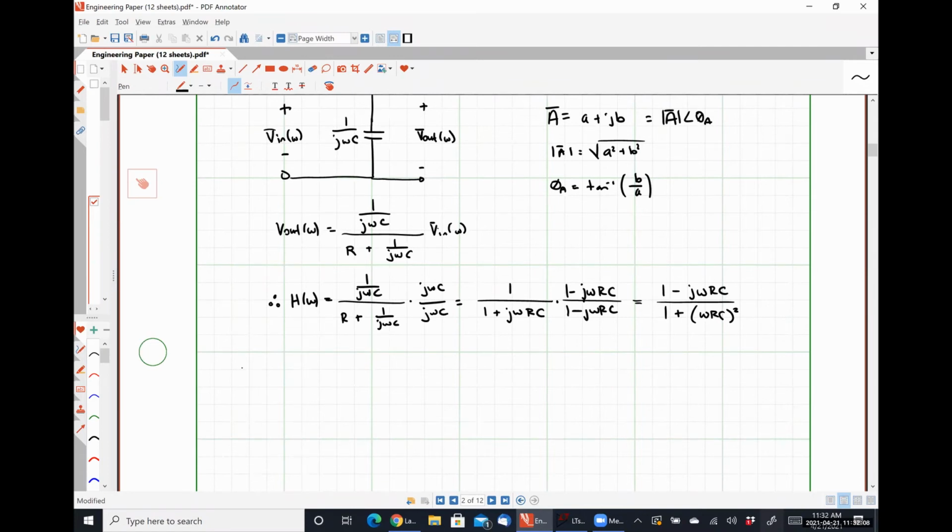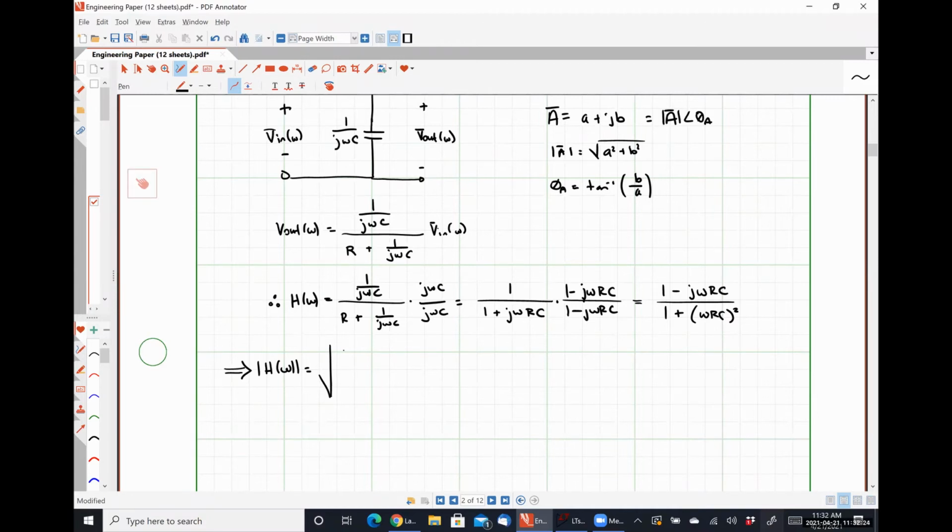All right, so from this, my frequency response, the magnitude of H of omega, is then the square root of the real part.